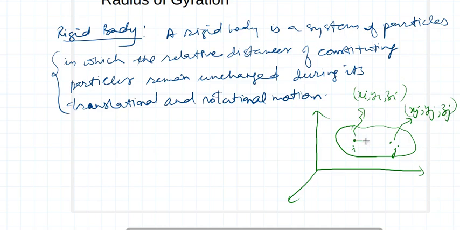Now let rij be the distance between these particles. Then according to the definition of a rigid body, the distance between these two particles will not change, and this will remain true for every pair of particles. So mathematically I can say rij, and I will apply the distance formula.